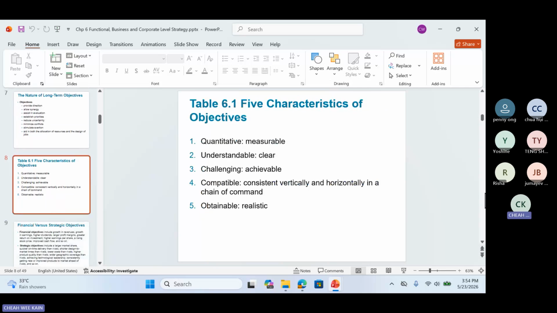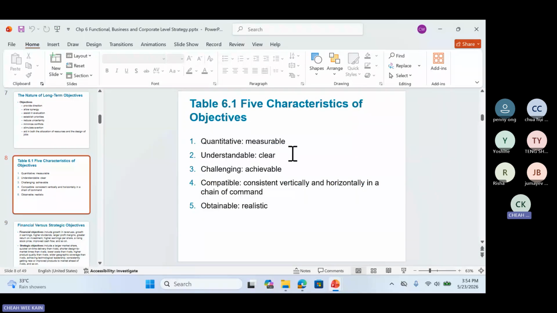So when you set objectives, please be very clear. Just now in chapter 5, we just said, all right, continue with competitive pricing. Once you got that level, now you want to go into a little more detail, you put numbers, friend. Competitive pricing means what? Cannot be more than 10% pricing up, that kind of measurable one. It's easy to understand.